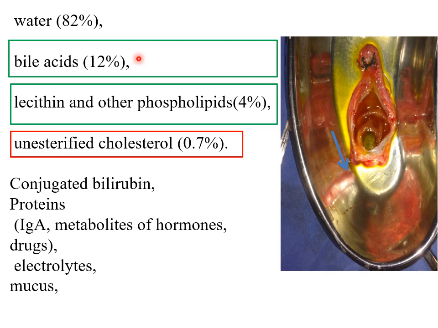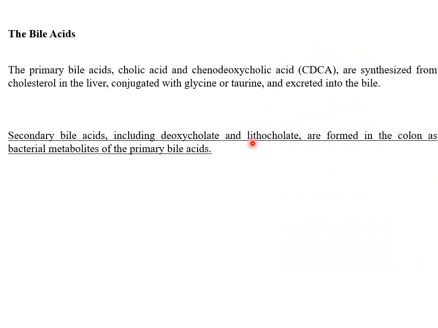This is very important. And of course, you have a lot of other hitchhikers also there in the bile. So the main villain is the cholesterol. These two are your safeguards from cholesterol precipitating in the medium, which is your water. What are bile acids?